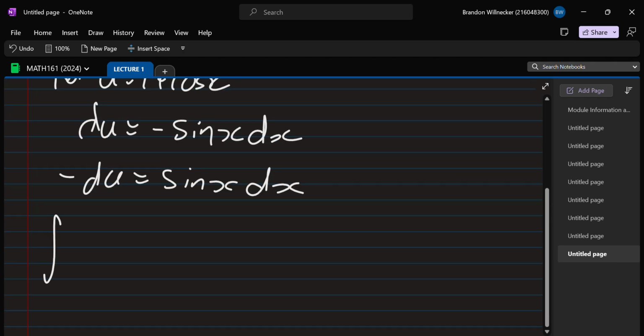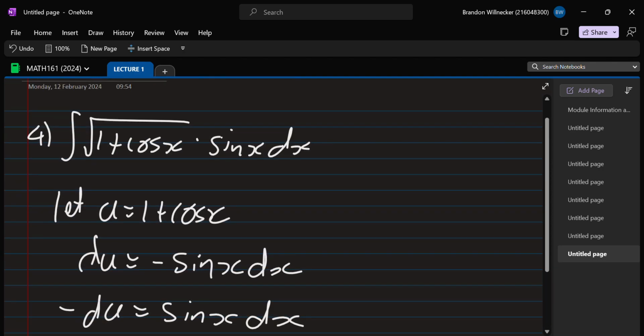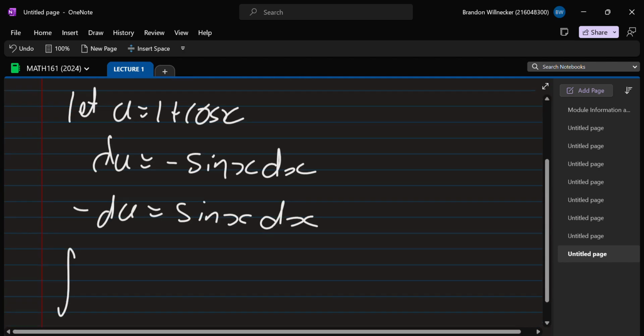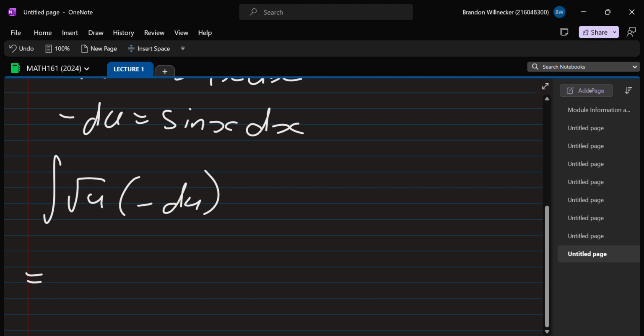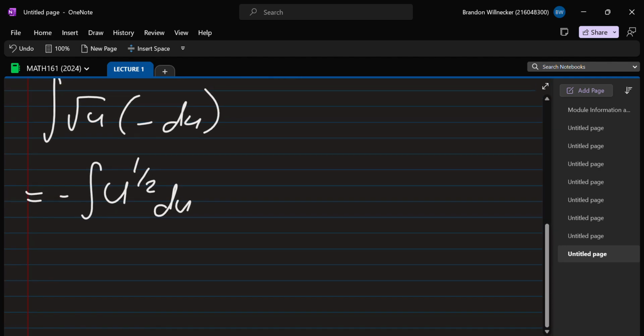Okay, so this becomes the integral. The root of 1 plus cos x just becomes root u, and then the minus du. So now we have this minus sign out in front. So that's minus u to the 1/2. Add 1 to the exponent, becomes 3 over 2.